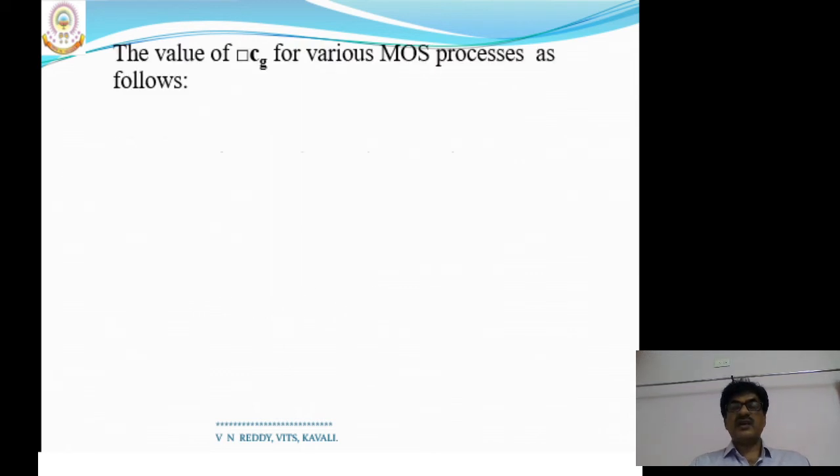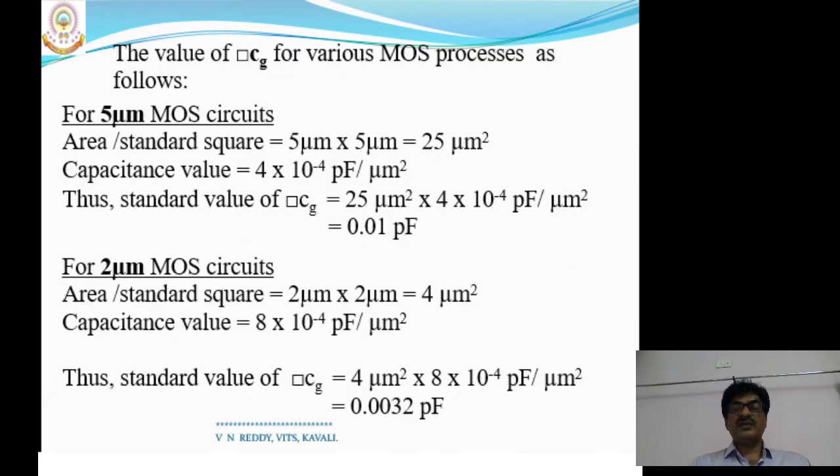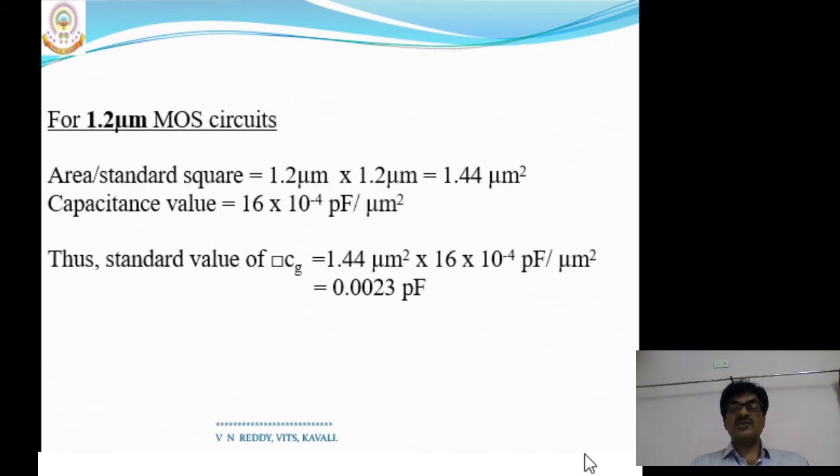And the square Cz value varies from technology to technology. The square Cz value is 0.01 picofarad in the case of 5 micrometer technology, 0.0032 picofarads in 2 micrometer technology, and in the case of 1.2 micrometer technology the value is 0.0023 picofarads.